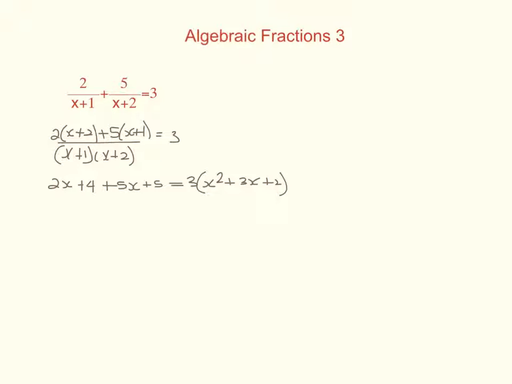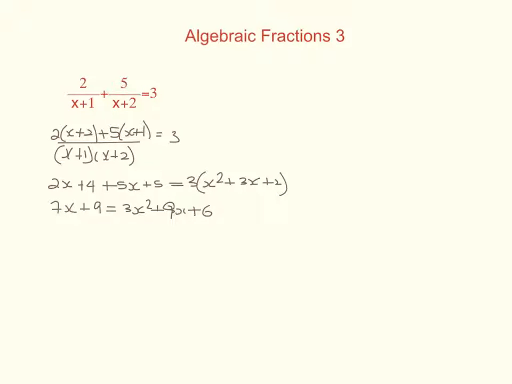Okay, let's carry on simplifying. So I can add these two here, this becomes 7x plus 9 is equal to 3x squared plus 9x plus 6.